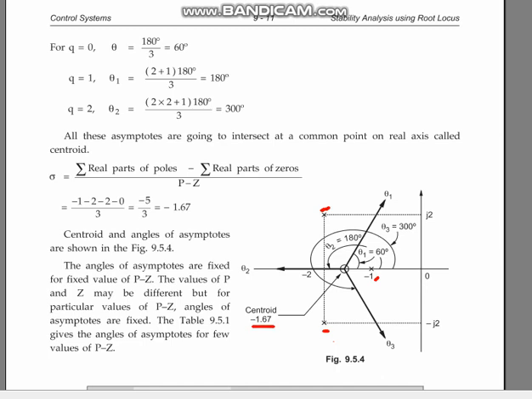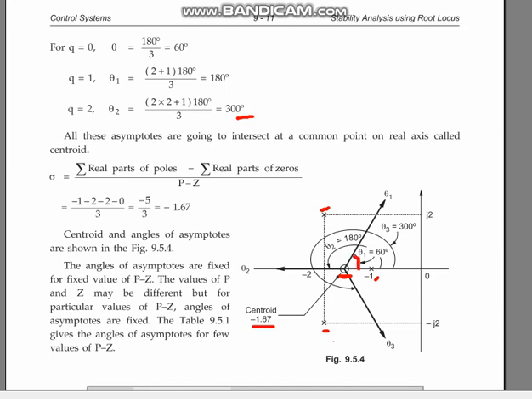Just mark it by using a scale. You have to identify where minus 1.67 is, that is here. This is the centroid. From here you have to draw three angles. Theta 1 is 60 degrees, theta 2 is 180 degrees, theta 3 is 300 degrees. So this is theta 1, theta 2 and theta 3.